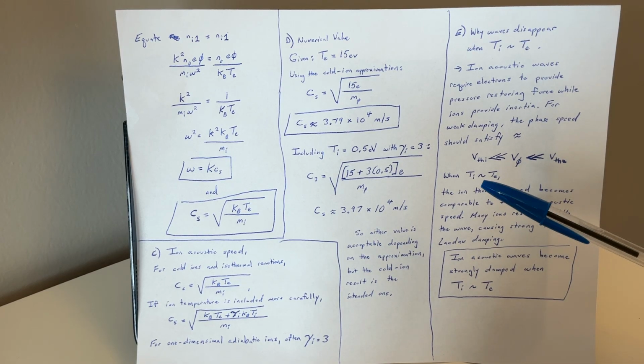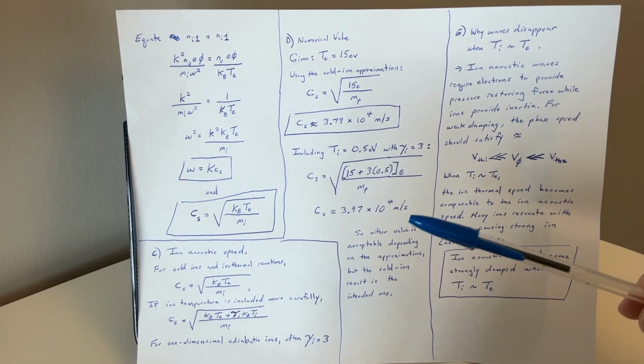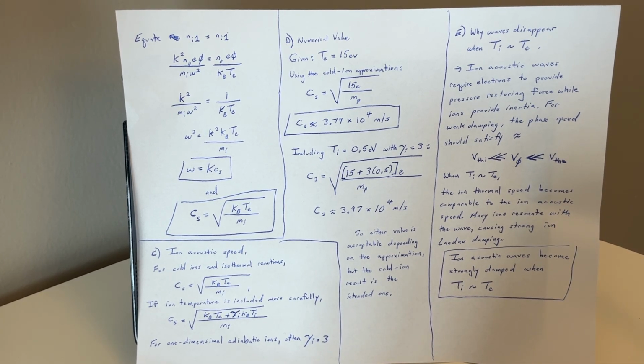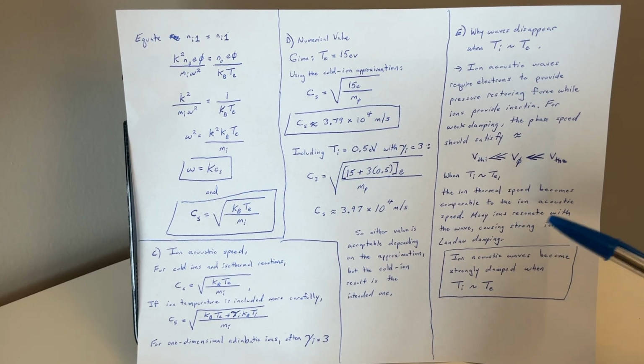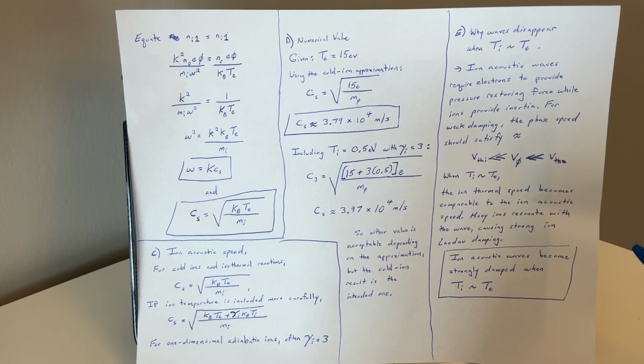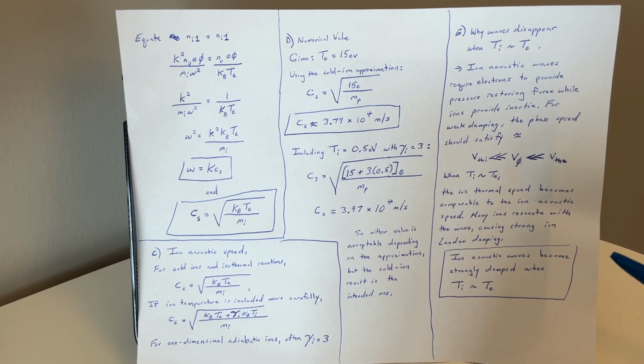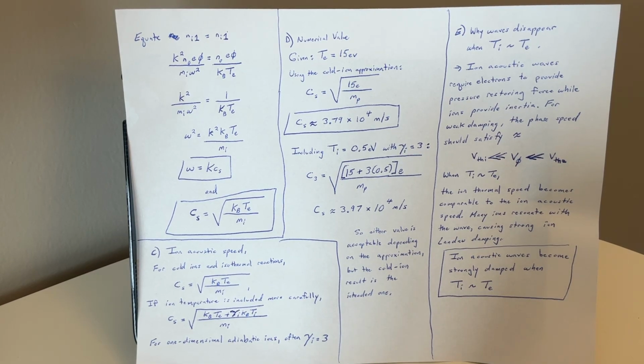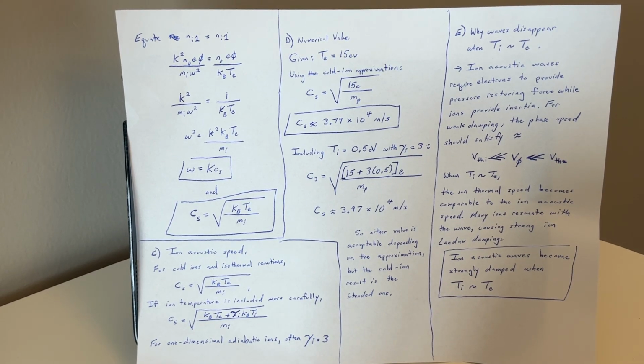So when T sub I is approximately T sub E, we could say the ion thermal speed becomes comparable to the ion acoustic speed, and many ions resonate with the wave, causing strong ion Landau damping. So right here, ion acoustic waves become strongly damped when T sub I approximates T sub E.